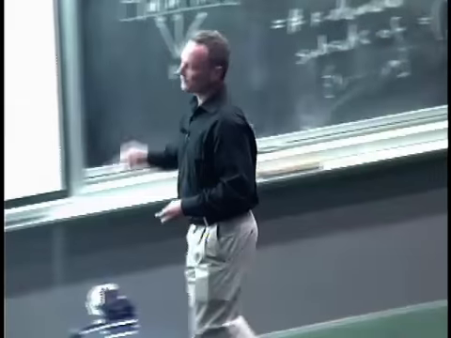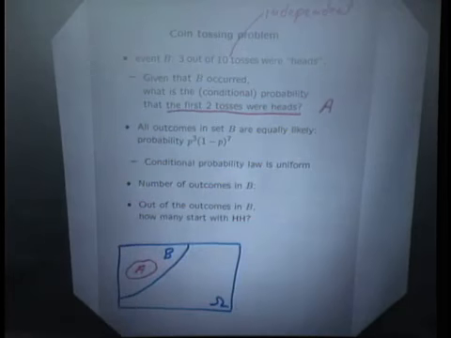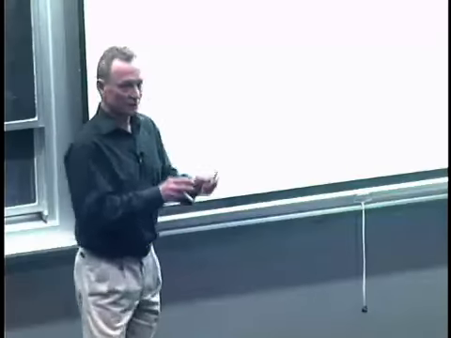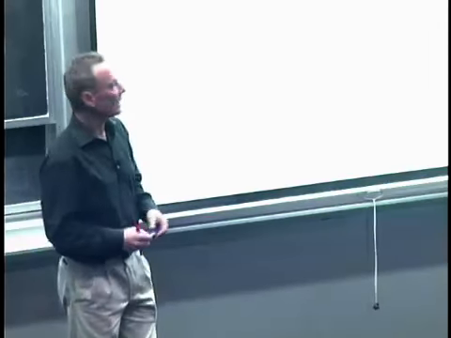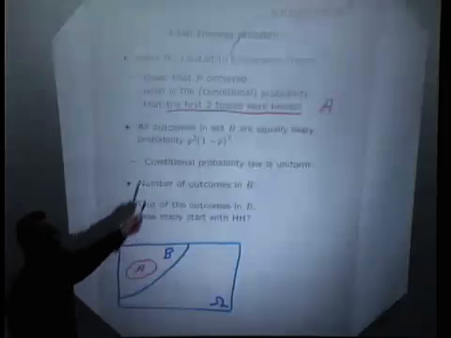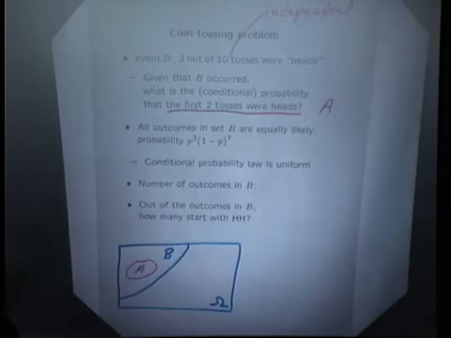Now, here's the lucky thing. Inside the event B, all outcomes are equally likely. The outcomes inside B are the sequences of 10 tosses that have exactly 3 heads. Every 3-head sequence has this probability. So the elements of B are equally likely with each other.